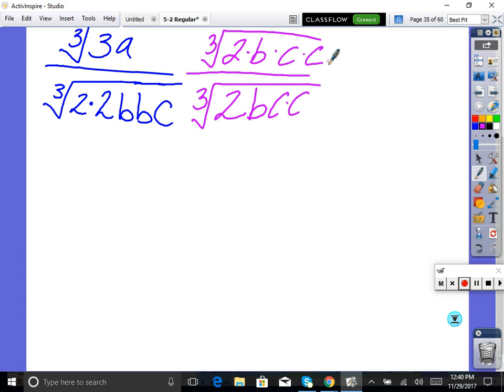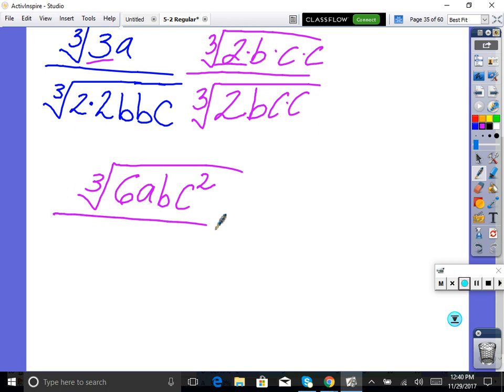So now look, this was under a cube root, and this is under a cube root. So let's put it all under the same cube root. 3 times 2 is 6. That doesn't simplify. We have an a b, and a c squared. None of those simplify. If they did, we would need to do that. Now on bottom, technically, I'm going to go write it off to the side.